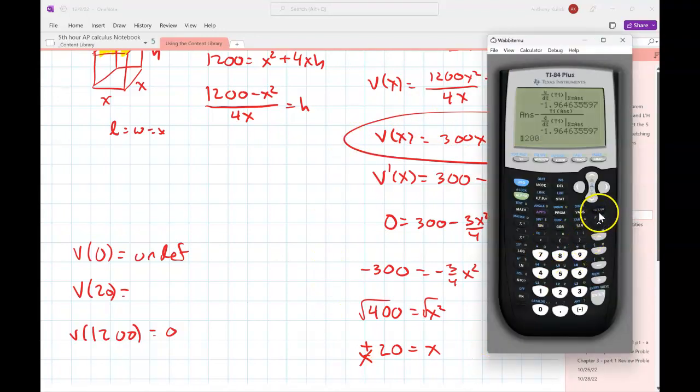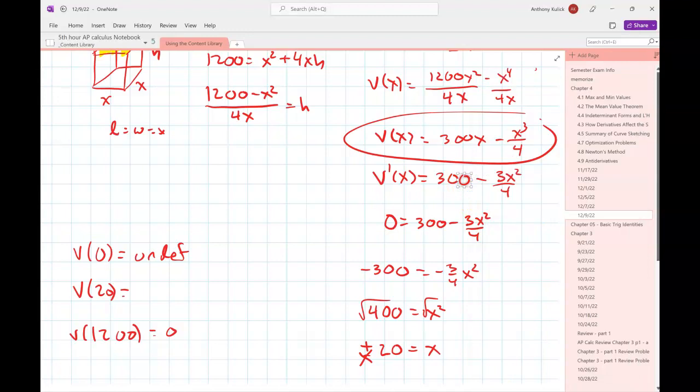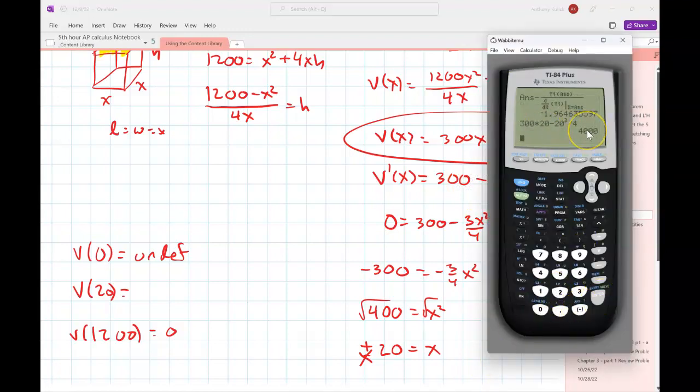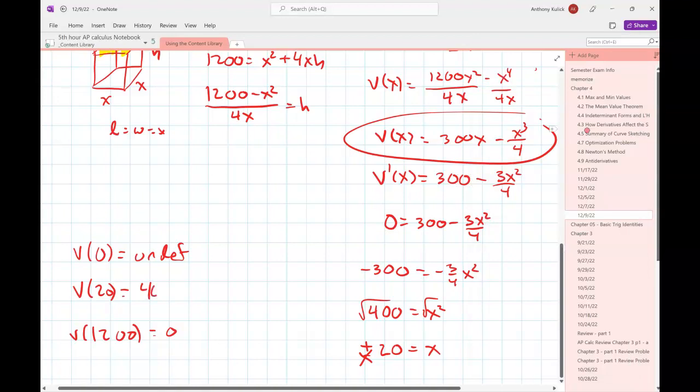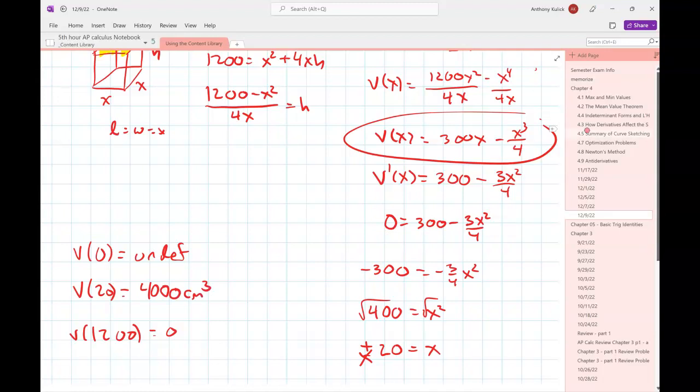I just like less crap to type in. I guess conceivably I could have done that in my head, but I'm not interested this early in the morning. So I get 4,000 there. And I think those are centimeters, since the surface area was given to me in centimeters. Let me just go check the answer key and make sure there wasn't anything that I missed, but I think that does it.